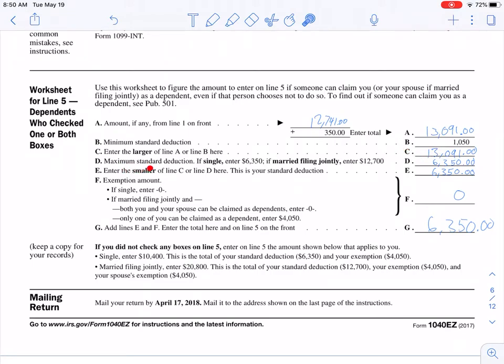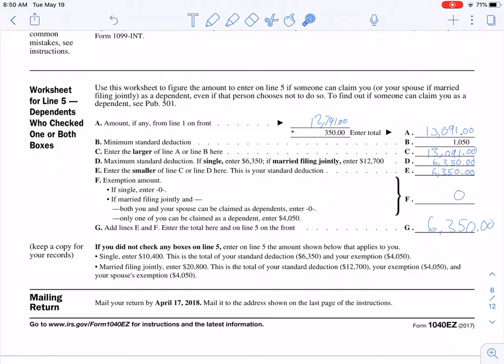The maximum standard deduction, if single, is $6,350. So that's the maximum standard deduction. And then enter the smaller of line C or D here. This is your standard deduction. So the smaller from C and D is line D, so $6,350. The standard deduction is subtracted out of the income that was made.